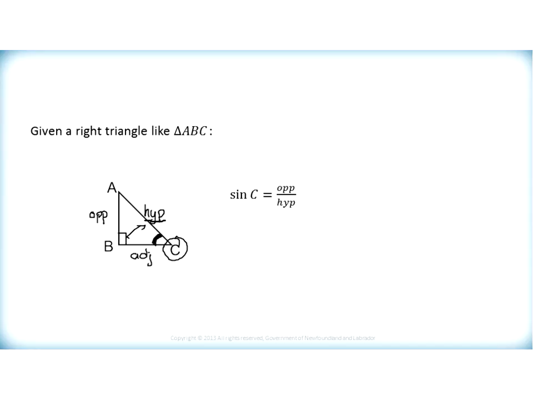And adjacent actually means touching. So the adjacent side is the side that is touching angle C, but is not the hypotenuse. Okay, so sine of C is equal to opposite over hypotenuse. So in this case, as I've mentioned, it's going to be AB over AC.